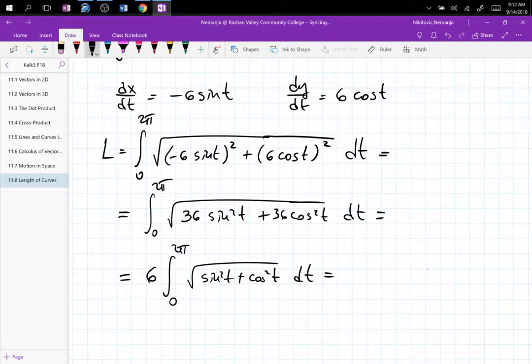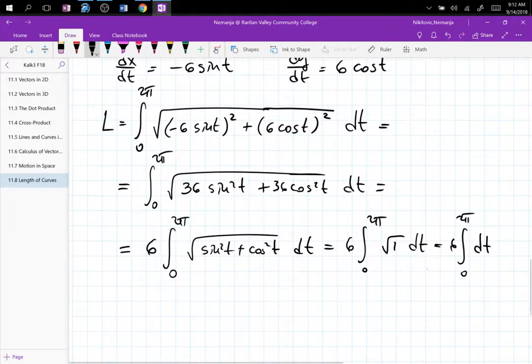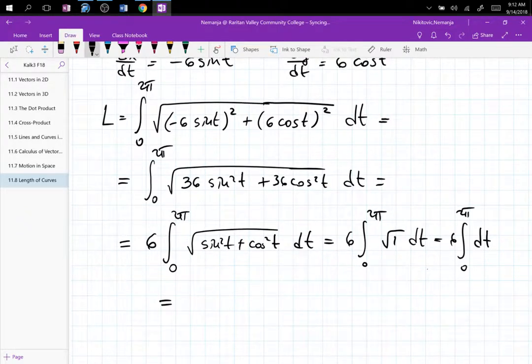How much is that? Thank you. It's a square root of 1, which is just 1. And I hope you see that the answer is 12 pi.